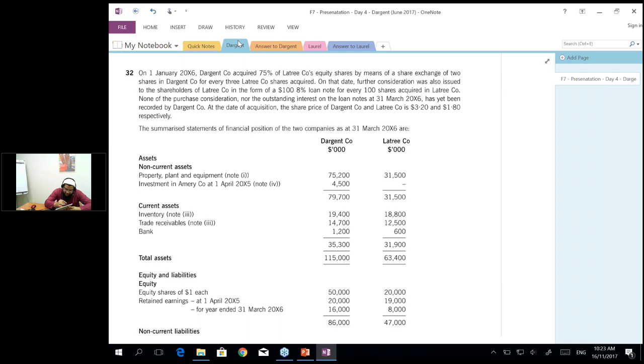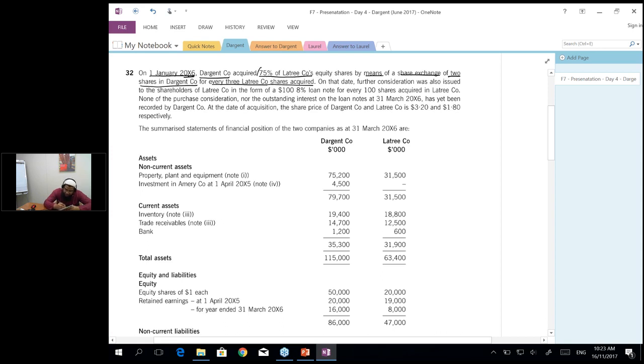So let's start discussing. The question says that on 1st January 20x6, Darjan Company acquired 75% of Latre Company's equity shares by means of share exchange of 2 shares in Darjan for every 3 shares in Latre Company's shares acquired.